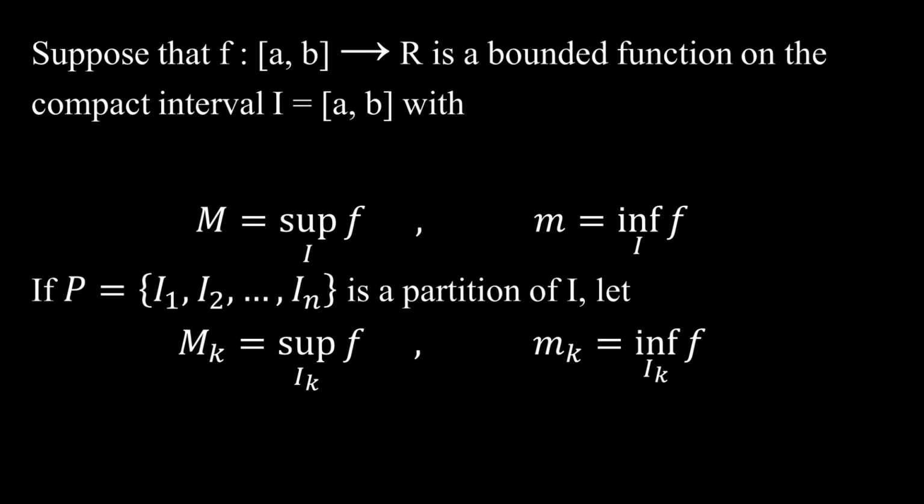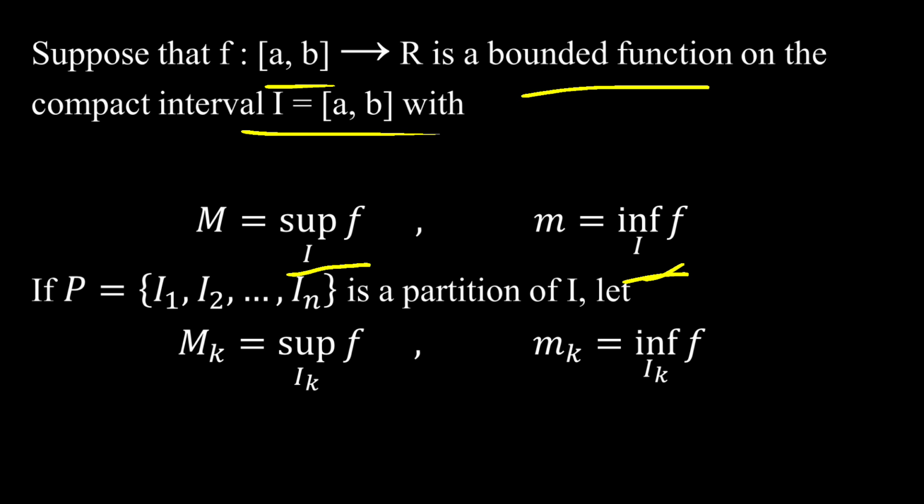Now, suppose that we have this function f, which is a bounded function, defined on the compact interval [a, b]. Then we can define M, which is the supremum of the function over the interval, and we can even define m, the infimum of f over the interval.